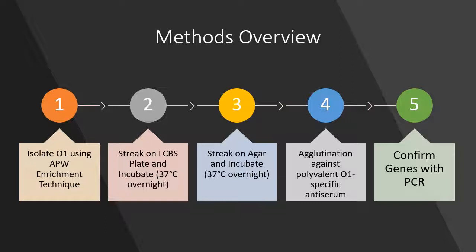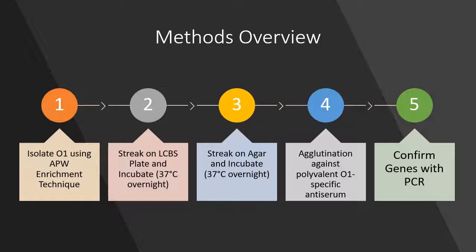Once we were able to do that, we grabbed 6 to 8 special colonies from the LCBS plate and streaked it again on an agar plate to incubate and observe the growth at 37 degrees overnight, again, same protocol. Once we were able to grow it on that plate, we performed a process called agglutination, which targets a specific polyvalent O1 antiserum. Now, the reason agglutination works is that you can identify different types of Vibrio cholerae by their serology, or the specific types of antigens that it has on the cell.